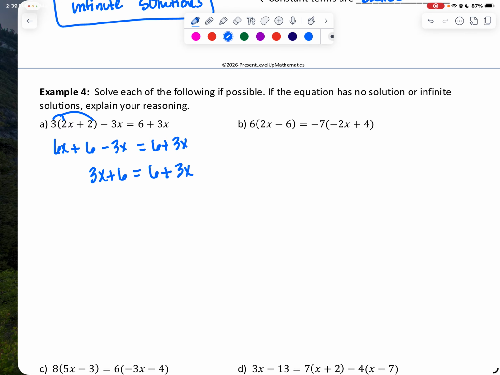plus 3x. So if we look at our variable terms, they're the same. And we look at our constant terms, they are also the same.